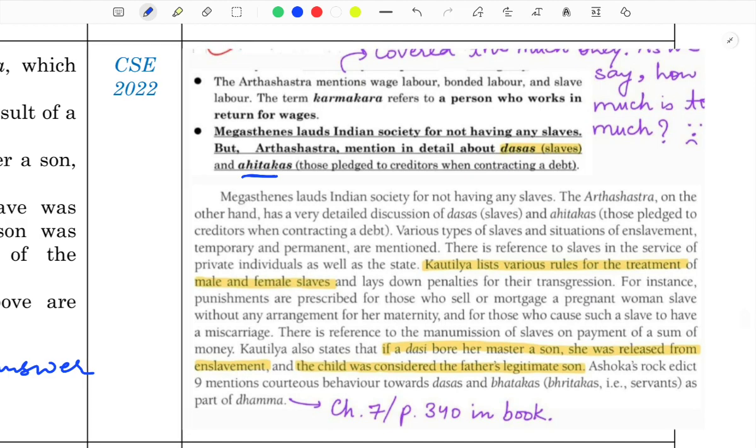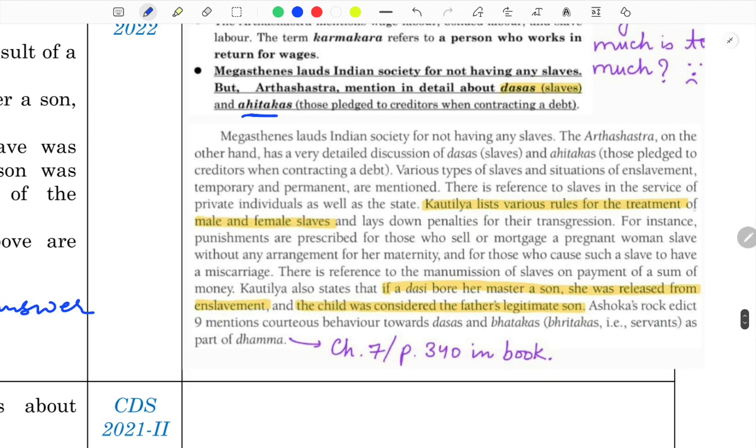See, it's mentioned from your Rupinder Singh that Kautilya lists various rules for the treatment of male and female slaves and lays down penalties for their transgression. For instance, punishment are prescribed for those who sell or mortgage a pregnant woman's slave without any arrangement for her maternity, and for those who cause such a slave to have a miscarriage.